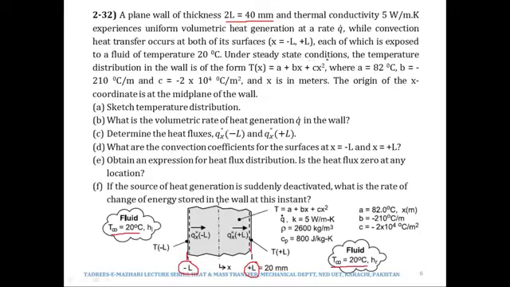Under steady state conditions, as soon as you see the phrase under steady state conditions, it means that dT by dt would be 0. So under steady state conditions, the temperature distribution in the wall is of the form A plus Bx plus Cx square.